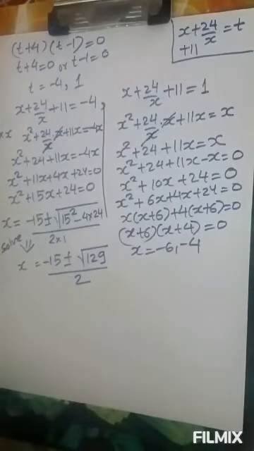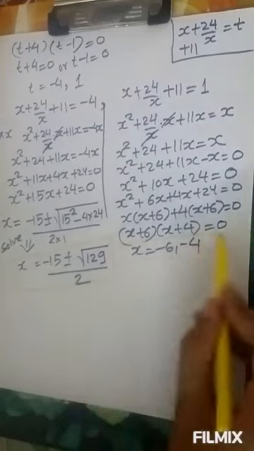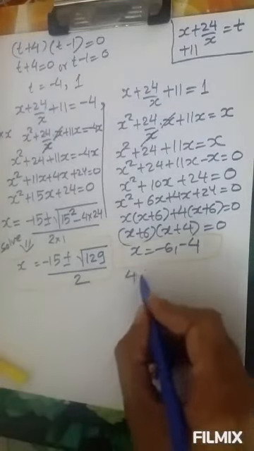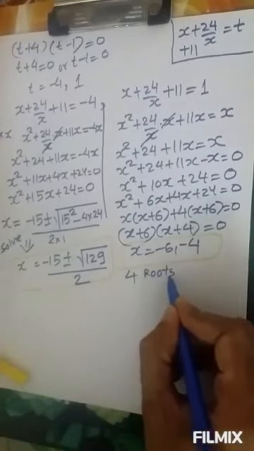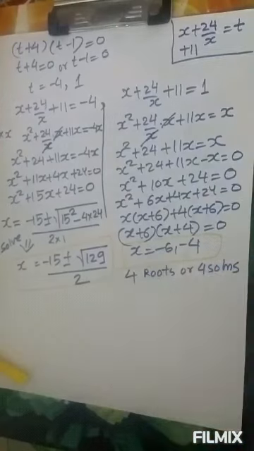So overall, these are the two roots, these are the two roots, therefore we got 4 roots or 4 solutions to the given equation.